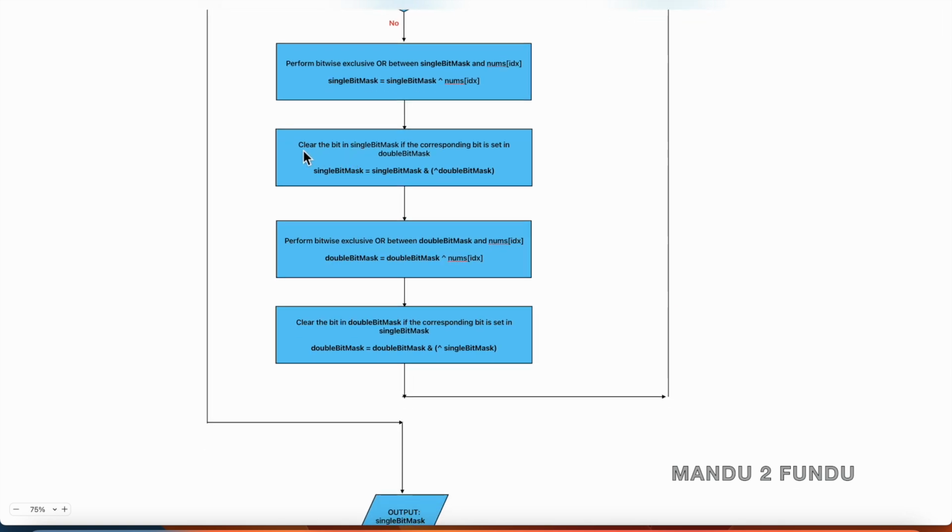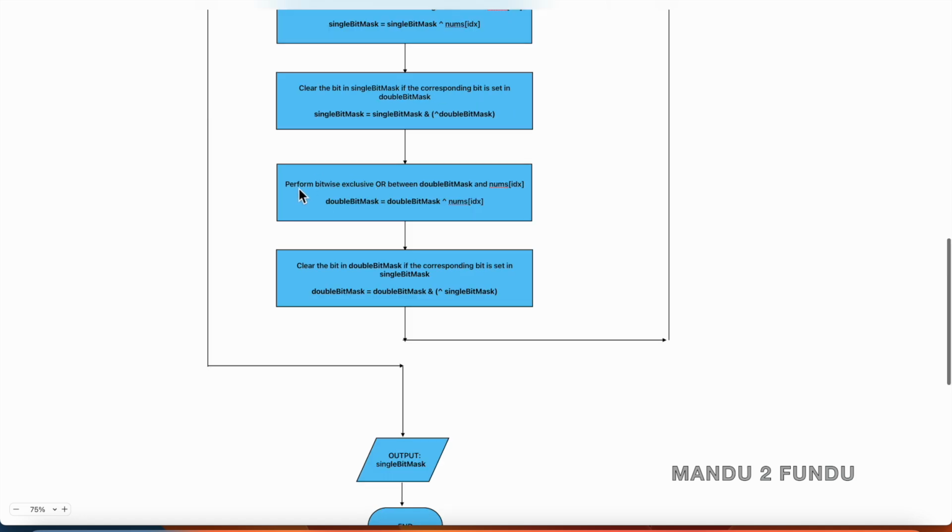Next we clear the bit in the single bit mask if the corresponding bit is set in the double bit mask. This is for the case where the current number occurs a third time. So for that we negate the double bit mask value and AND that with the single bit mask and update the single bit mask value. Next we perform the bitwise exclusive OR operation between the double bit mask and the current number and update the double bit mask value.